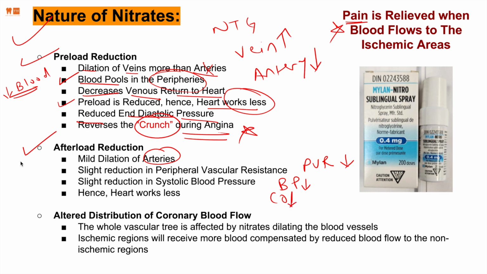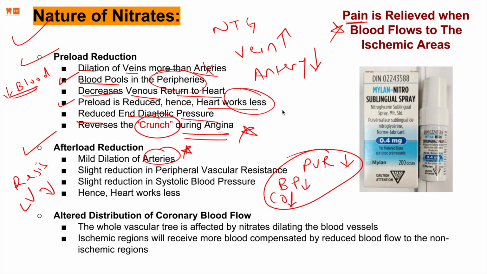Heart works less. But afterload is, remember, the resistance that the left ventricle has to face to remove blood from the heart and send it to the body. That artery, when the blood is sent to organs that is used with arteries, they dilate. Therefore, everything else reduces. Hence, pain is reduced.